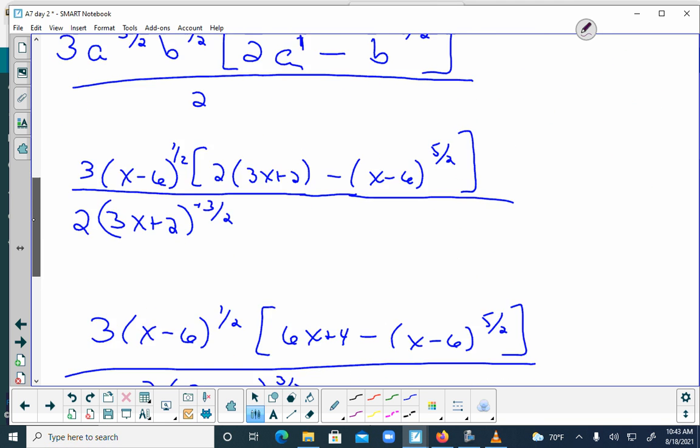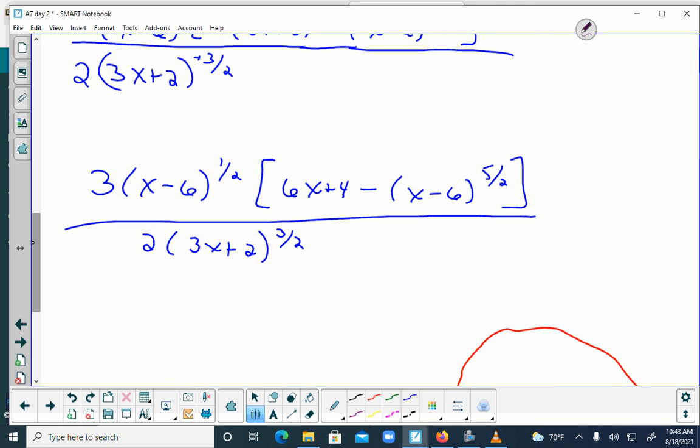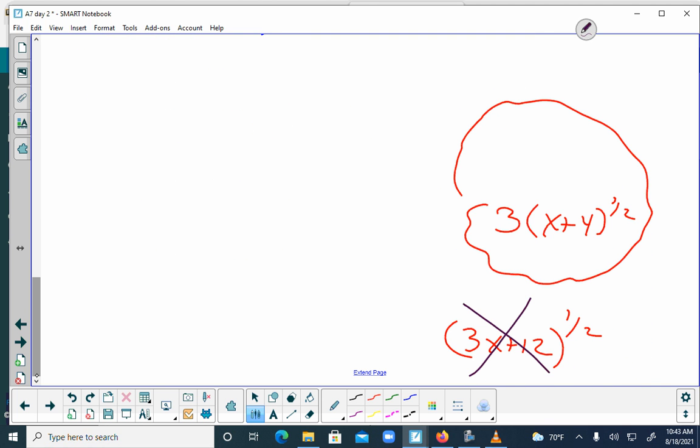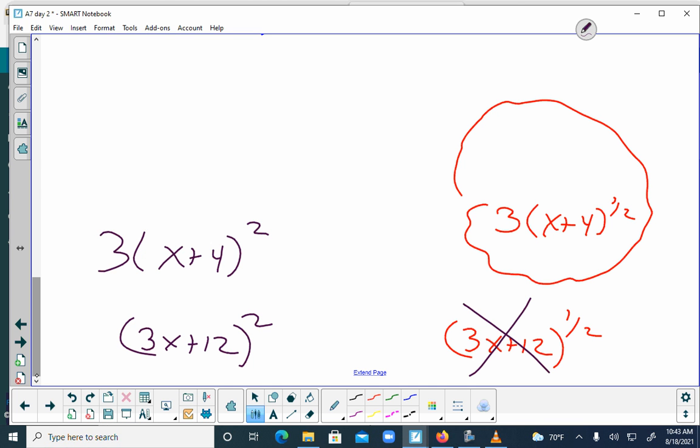If you distributed a negative sign, you would technically be distributing that negative 1, and you can't do that. Does that make sense? Can you distribute if the exponent's not a fraction? No. If this was 3 times x plus 4 squared, you can't make this 3x plus 12 squared, because this is x squared plus 8x plus 16. Think about it.